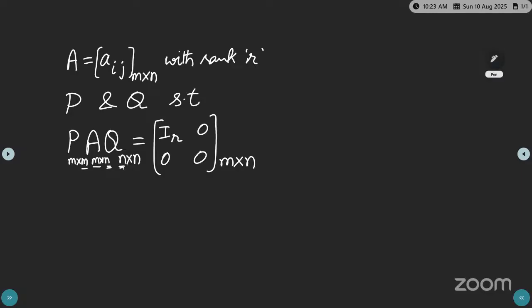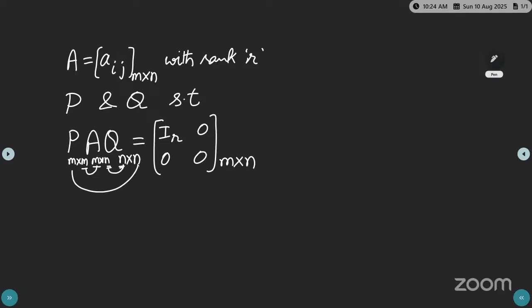Am I right or not? After the multiplication, these cancel out. What is the final order? m by n. Have you got it or not?